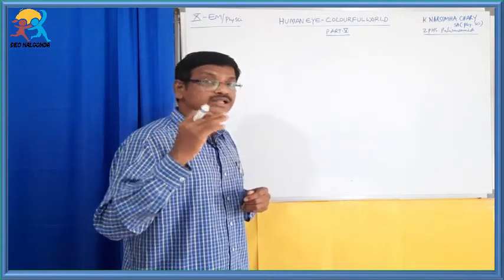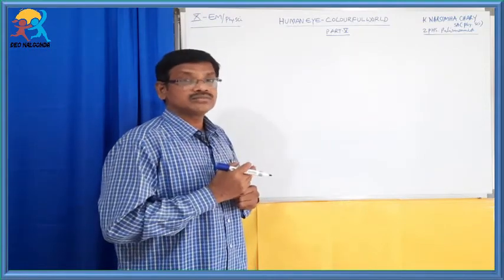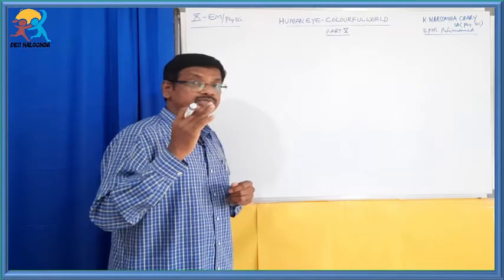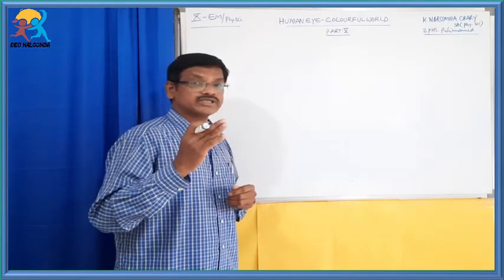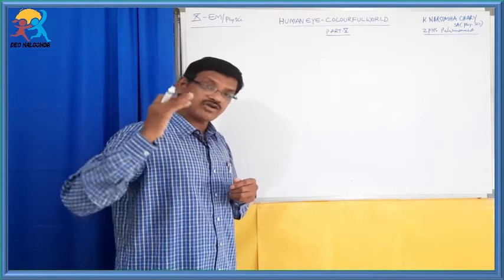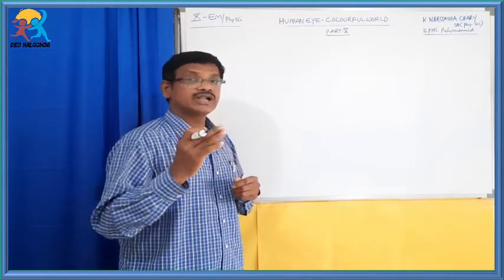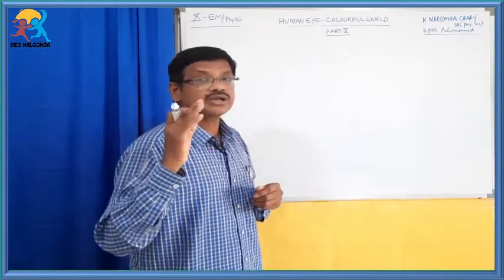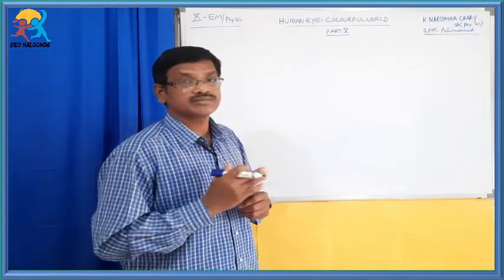For a healthy eye, an object kept before 25 centimeters or from 25 centimeter onwards, it is clearly visible to the eye.